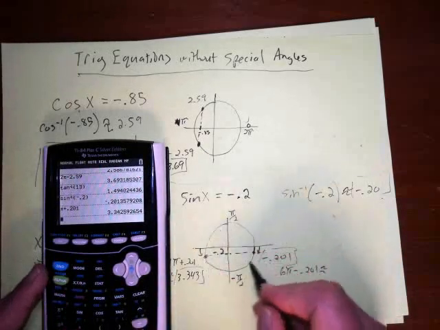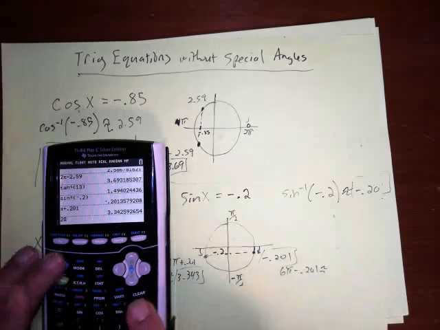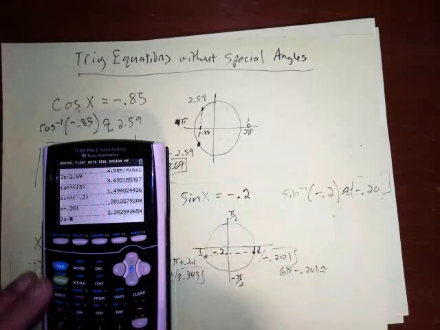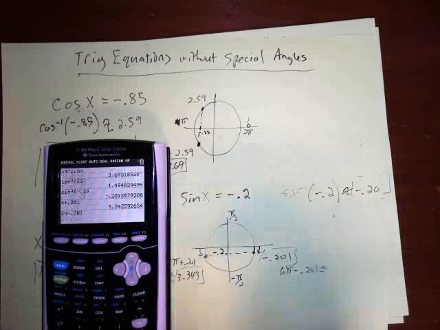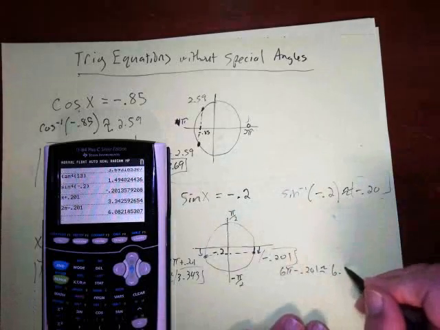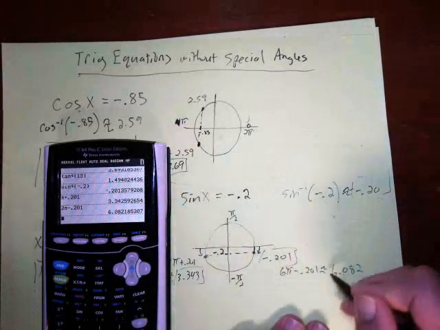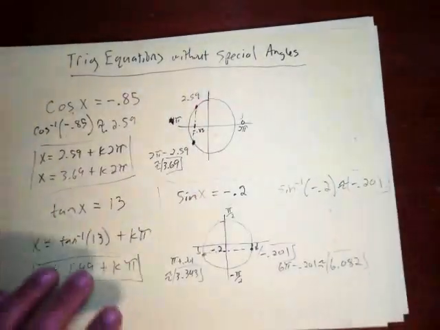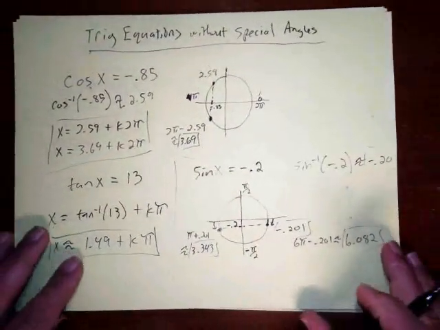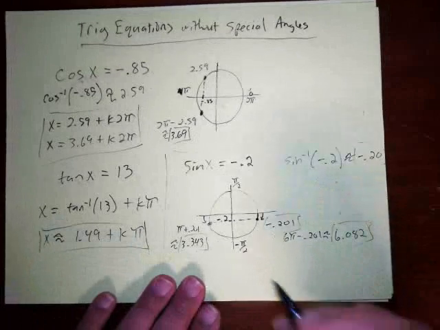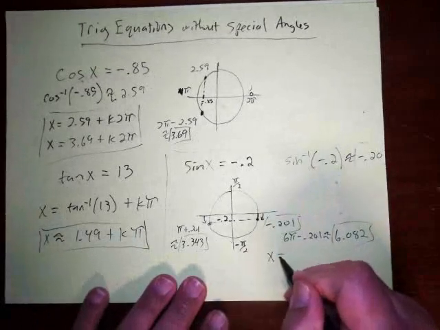That's going to be between 0 and 2 pi, and I get like 6.082. So I'm going to use those two angles. You don't have to, you'll get the same solution set, but I think it's nicer to do that.